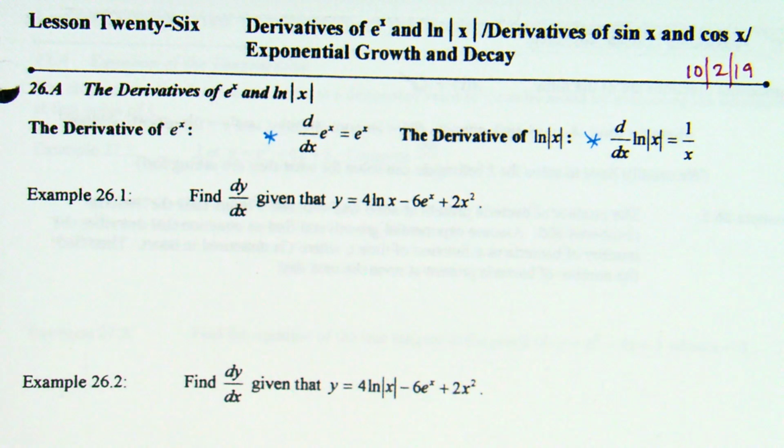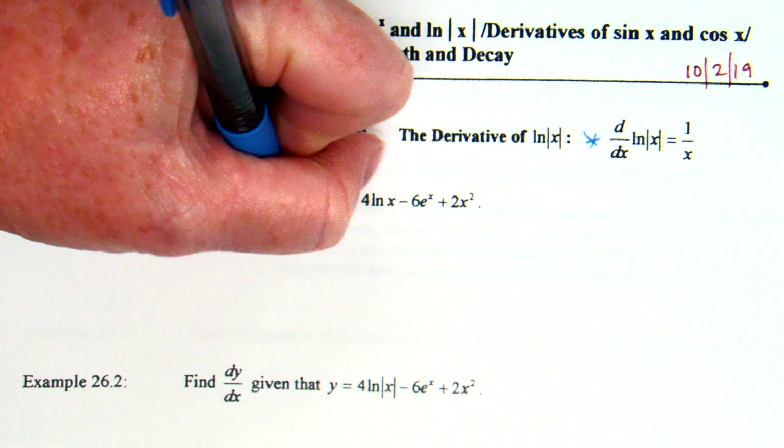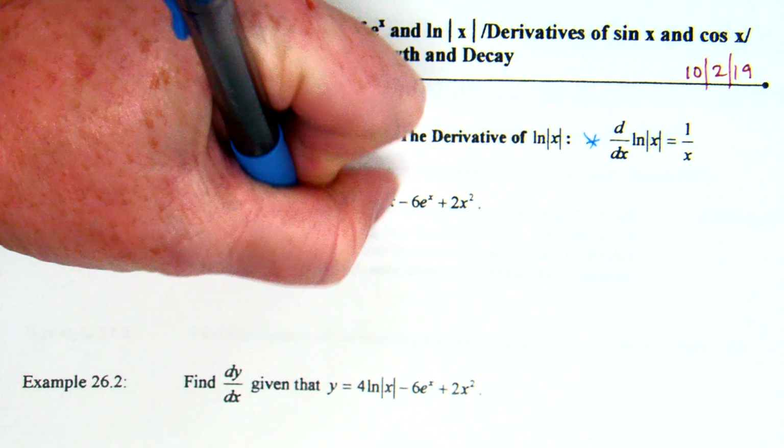Find dy dx, find the derivative, given that y equals 4 natural log x minus 6 e to the x plus 2x squared. Is this like what we did yesterday, we just split it up into 3? Yes. So we have 3 pieces we're finding the derivative of. So dy dx.